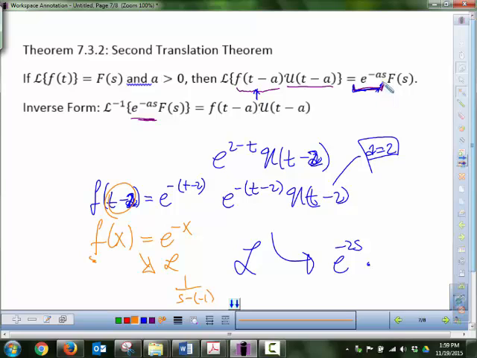So there's an a here, but this is a different a that you're dealing with when you're doing the transformation here. So this negative 1 is that negative 1 down there, which is different from the 2, which is the shift. Okay?